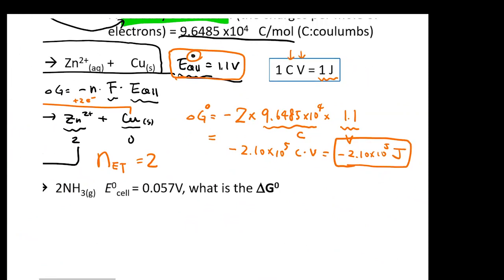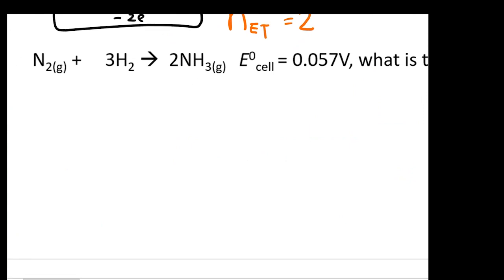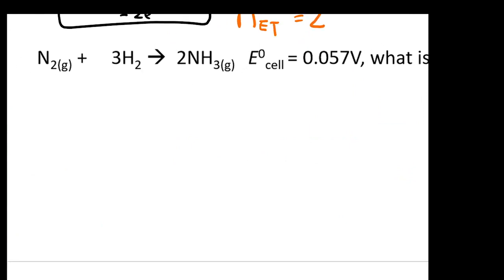Okay, that was the first example, which is the easy one. The more complicated one is this guy: N2 plus 3H2 becomes 2NH3. It gives you the E naught cell and asks you to calculate your delta G. The most important thing is that you need to figure out the proper number of moles of electrons transferred.